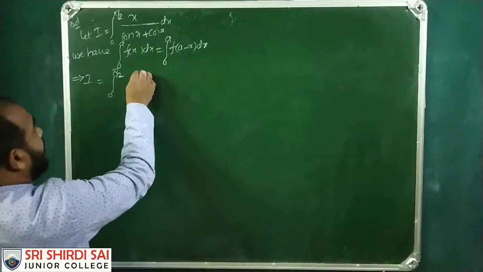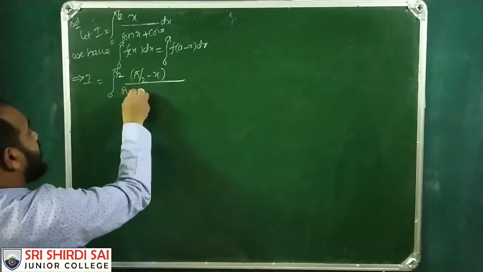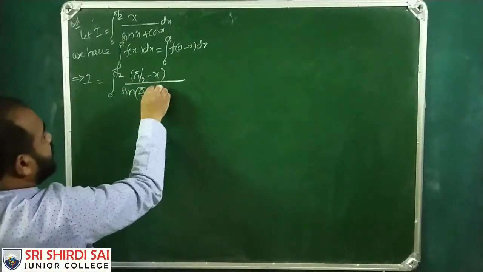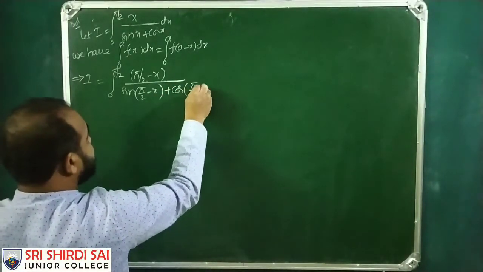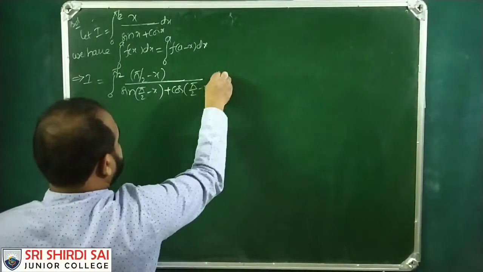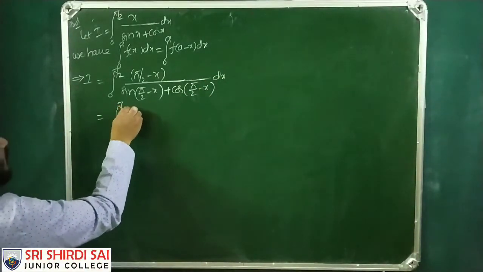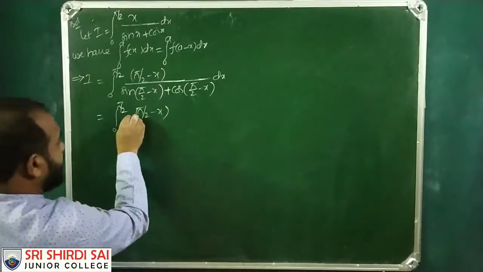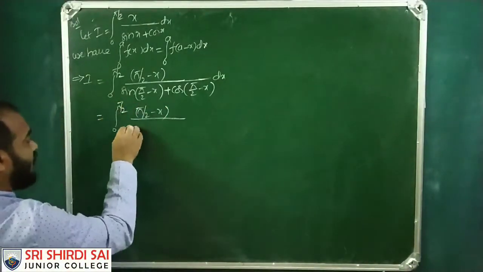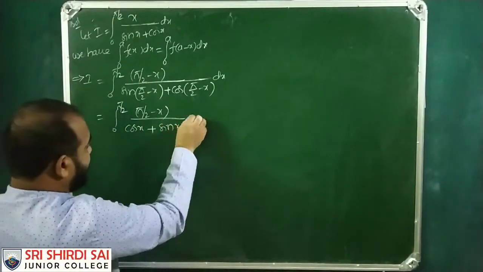So the integral of (pi by 2 minus x) by (sine of (pi by 2 minus x) plus cos of (pi by 2 minus x)) dx is equal to the integral from 0 to pi by 2 of (pi by 2 minus x) by (sin 90 minus x is cos x, plus cos 90 minus x is sin x) dx.